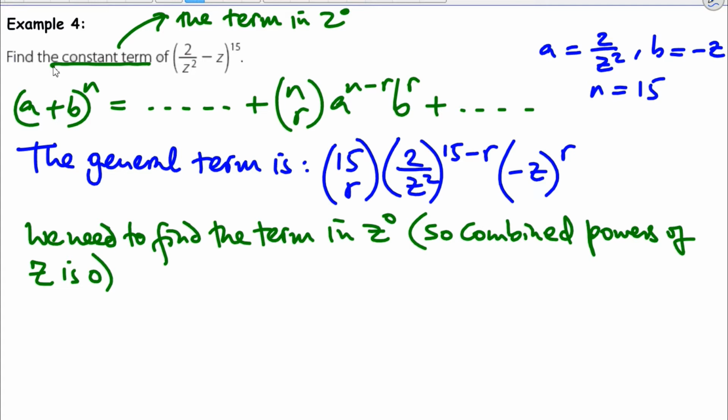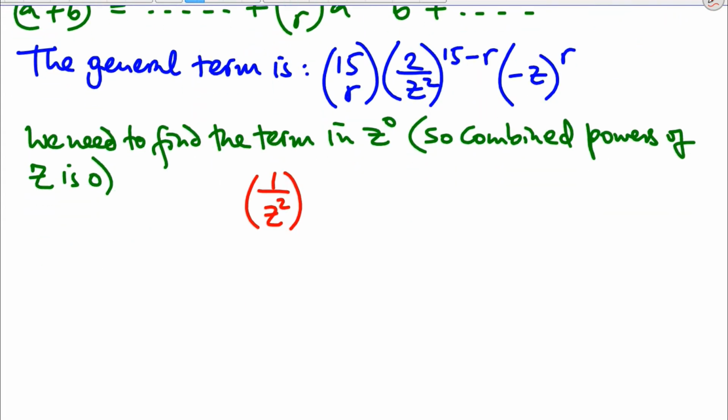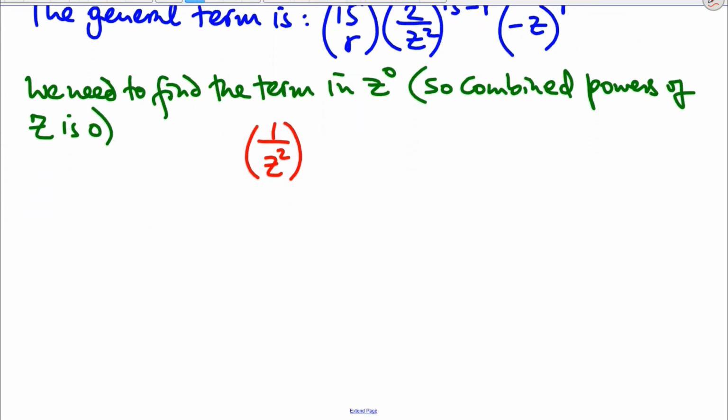Focusing just on powers of z, we have (1/z²) to power 15 minus r, multiplied by (−z) to power r, equal to z to power 0, because we want the term in z to power 0.